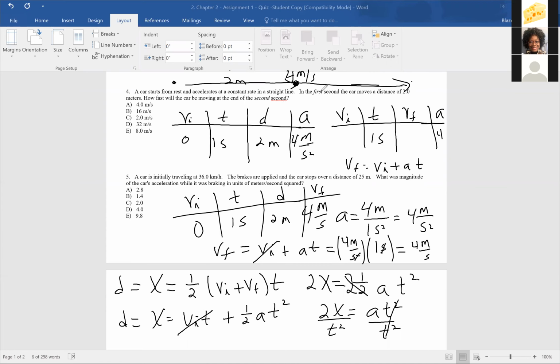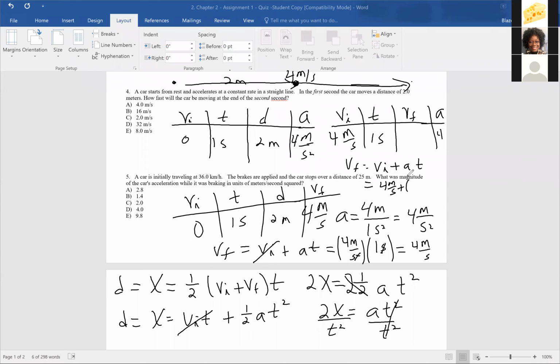So now it starts from here at 4 meters per second. It's accelerating 4 meters per second every second. So what's my final speed? So now I'm right here. This gives me my initial speed is 4 meters per second.